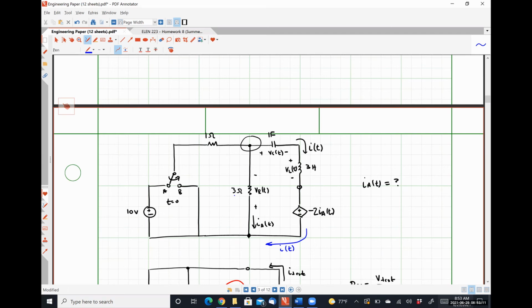So at t is equal to 0 minus, we have to look at what this is doing as a whole, because we don't know how that portion of the circuit behaves. Does that make sense? The simplification that we have developed is only valid during the transient condition. So if we're looking at the circuit before the transient condition happens, it is invalid.